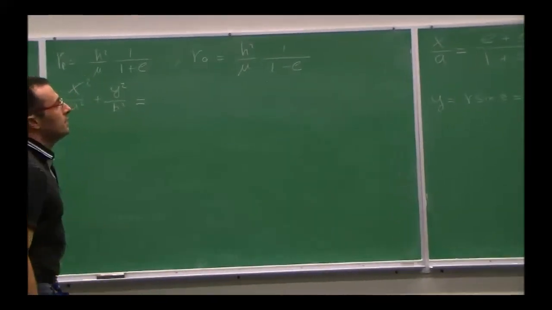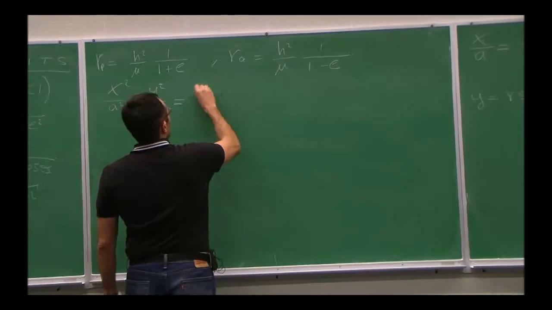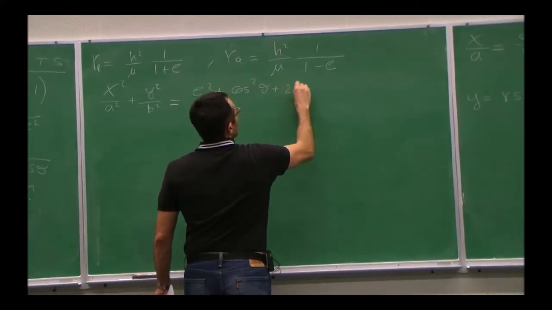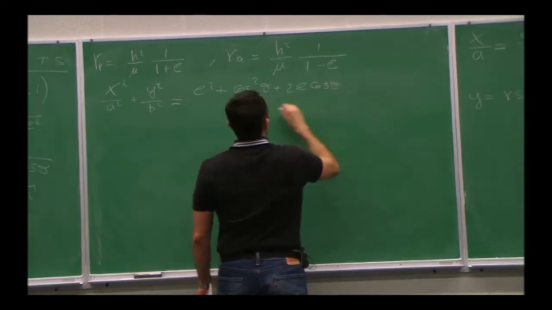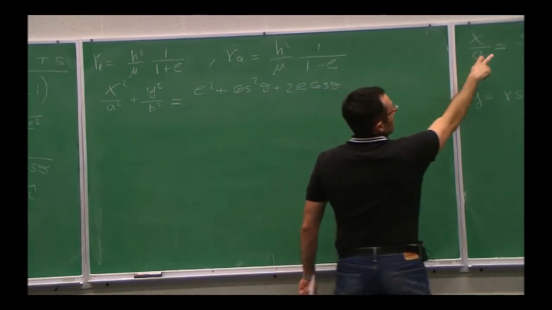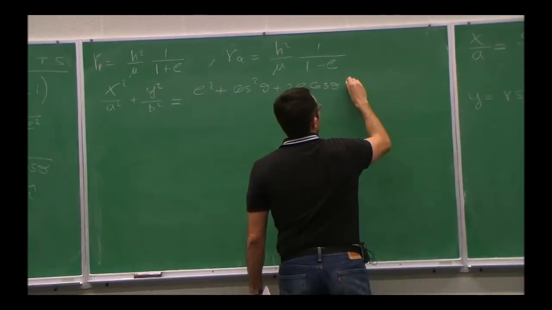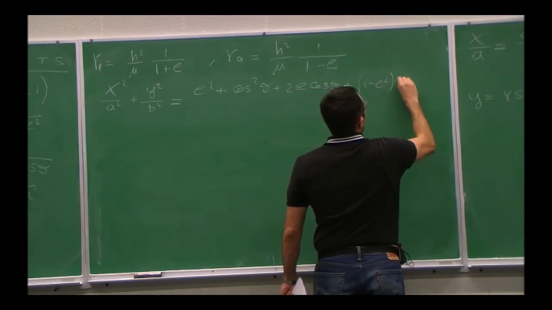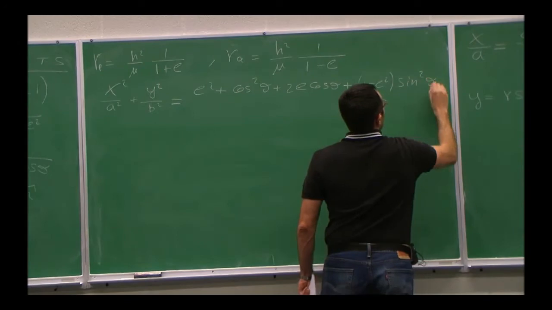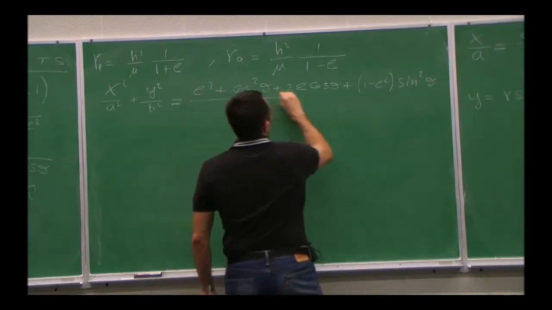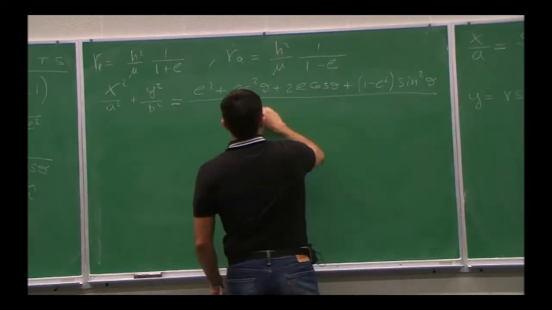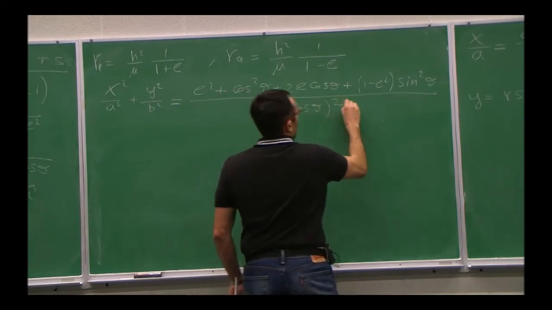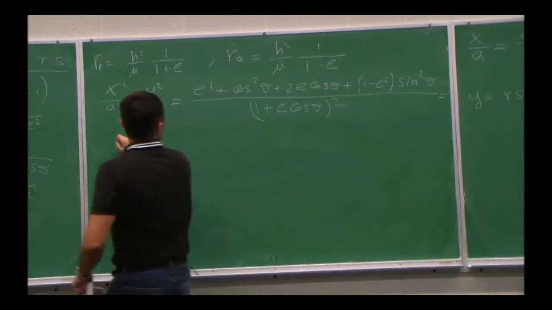It's going to be e squared plus cos squared of theta plus 2e cosine of theta. That's the square of the numerator here, plus, let's just put the rest, (1 minus e squared) sine squared of theta. Everything is divided by the same denominator, so I just square that. Okay, good.